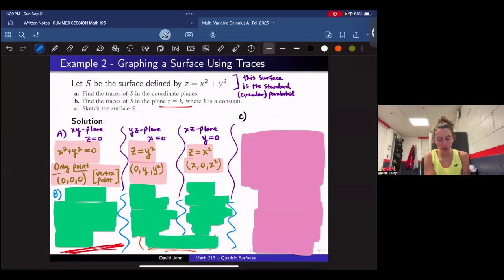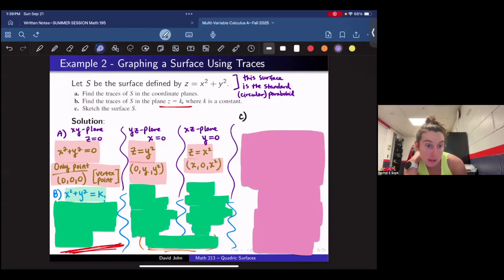Okay, so x squared plus y squared is equal to z. We're going to let z be our k1 here. So x squared plus y squared is equal to k1. And then what do we have? Well, x squared plus y squared is just a circle if it's equal to a constant, and the square root of the constant is just the radius of the circle.